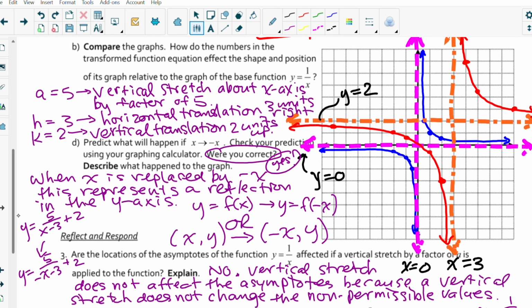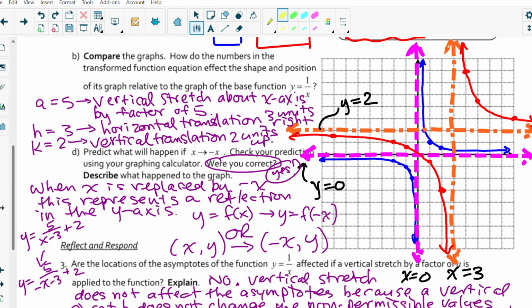So let's take a look at our graph here. As x approaches 3, right here, so here are my x values, folks. As x approaches 3, so I'm going this way. This is 3 right here.